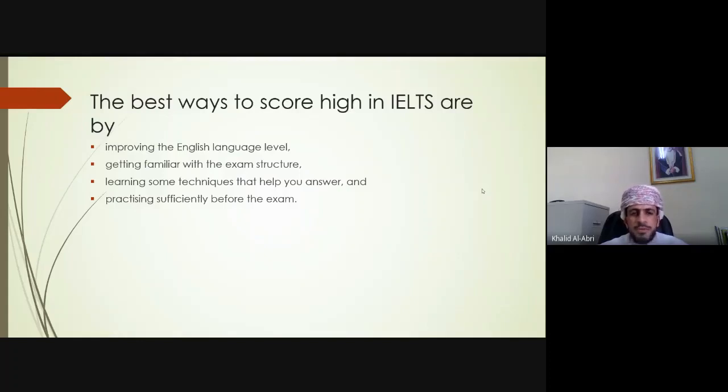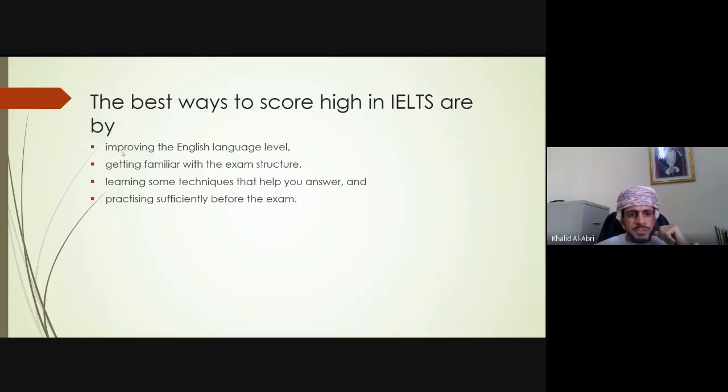This is good. However, if you use some strategies, some ways, you might score higher than doing the exam just by chance or only by practicing. So what are the best ways to score high in the IELTS exam?